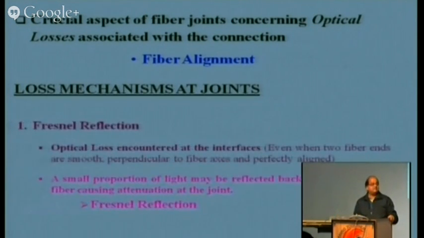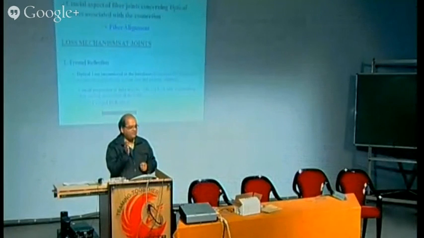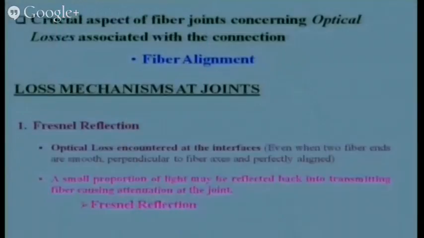One is the Fresnel reflection. When light comes at any interface, it undergoes reflection. The reflection may be small, it may be more. It depends on the type of interface, how much is the change in the refractive index at that place. So Fresnel reflection is the optical loss encountered at the interface.